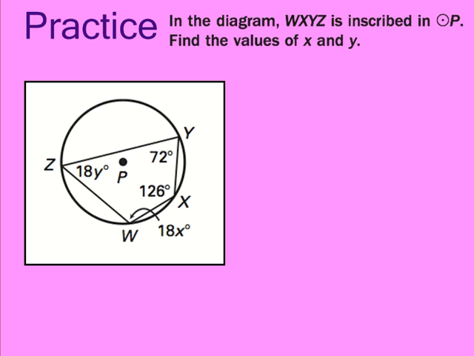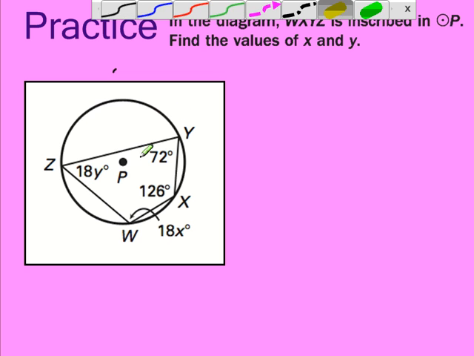So here's our last example, and this is asking for us to find the values of x and y. And using the last theorem that we just mentioned, we can set up a couple of equations in order to solve this. We know that if we have a quadrilateral inscribed in a circle, these opposite angles have to be supplementary.